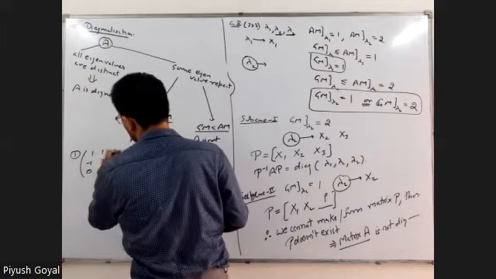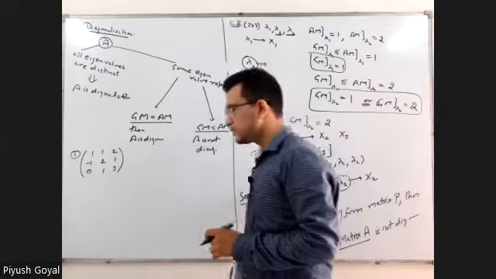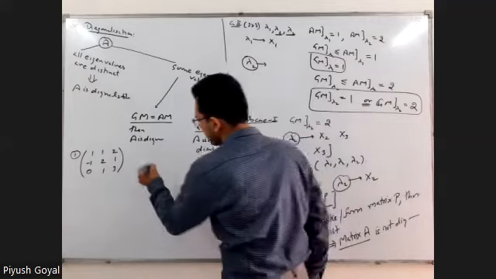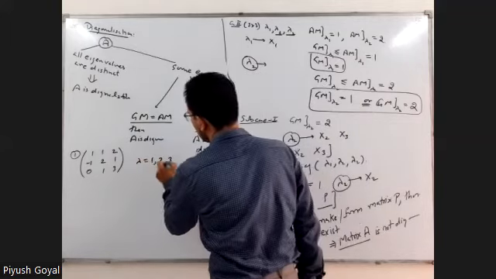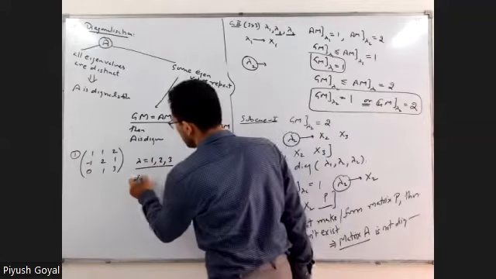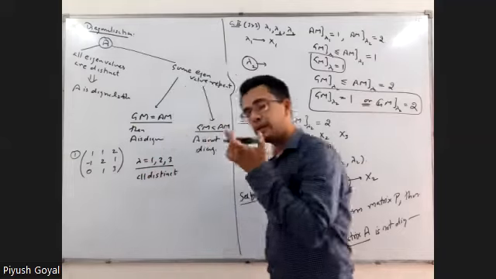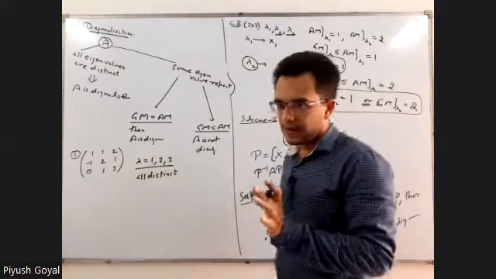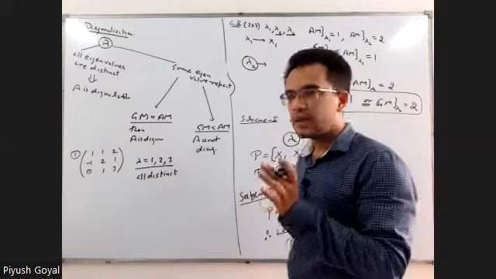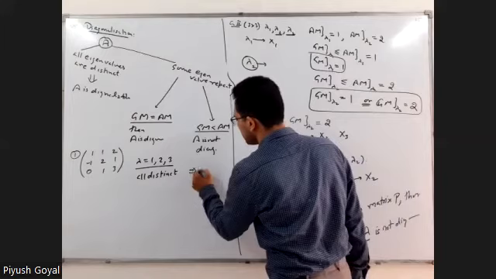When you find its eigenvalues, from the book I am writing, the eigenvalues will be 1, 2, 3, and the eigenvalues are obviously all distinct. If the values are all distinct, then you directly know that it will give these eigenvalues 1, 2, 3, and three eigenvectors, and P will exist and the matrix will be diagonalizable.